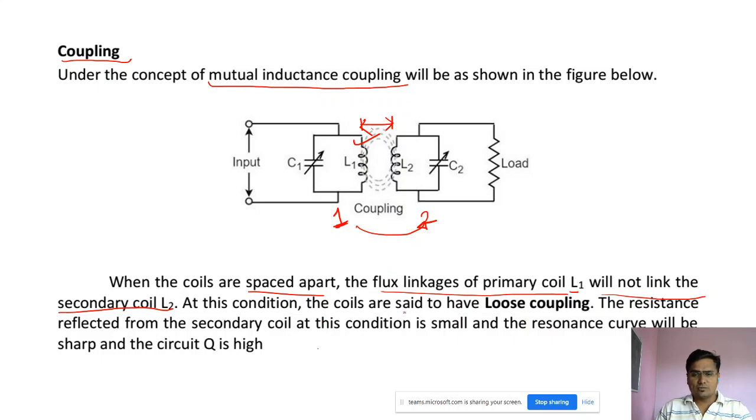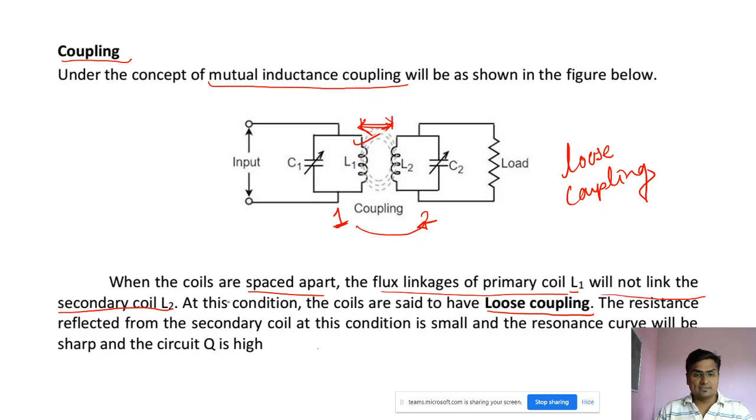In that condition, the coils are said to be loosely coupled. If you increase the distance here, obviously there will be very poor linking between L1 and L2, and because of that we call it loose coupling.